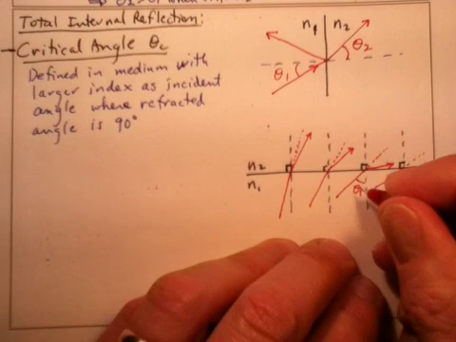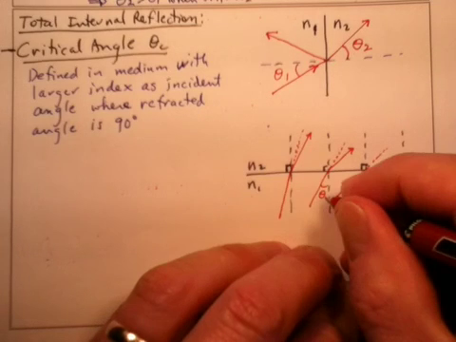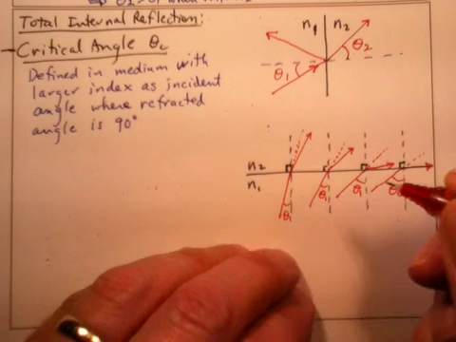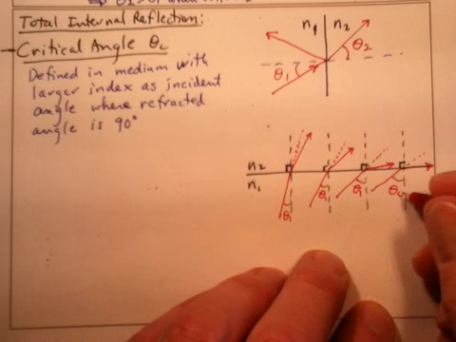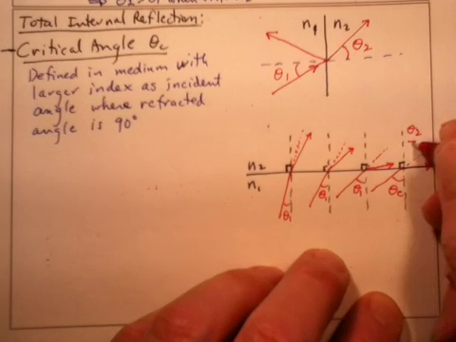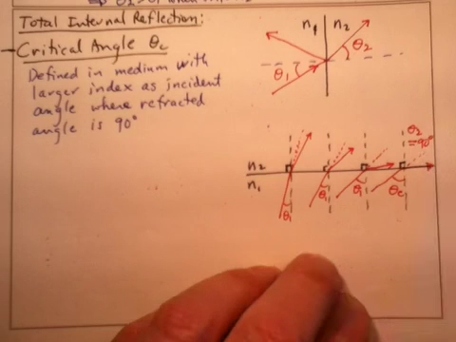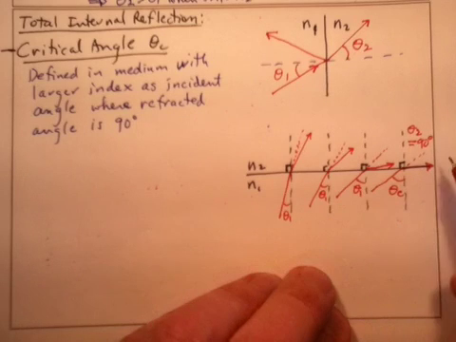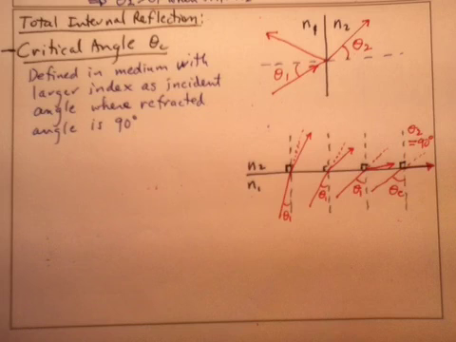So these are the incident angles, theta 1 increasing. And here theta 2 has hit 90 degrees. Okay, and there is actually no refracted ray then. There's no place for it to go.